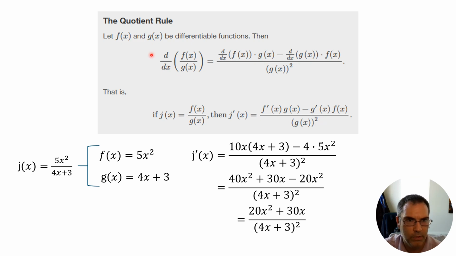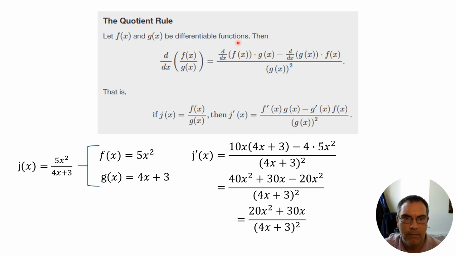It says if we're taking the derivative of f divided by g, then we have a numerator to work with and a denominator. And the denominator is easier. It's just that whatever's the denominator over here just gets squared. And then the numerator, it sort of looks like the product rule, except you're subtracting in the middle instead of adding.